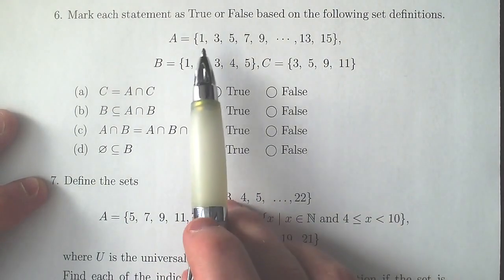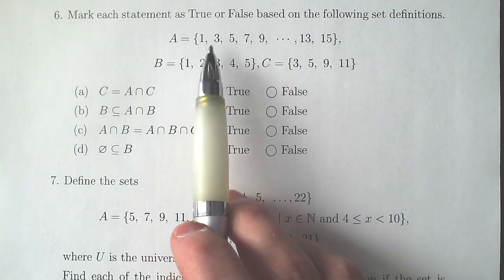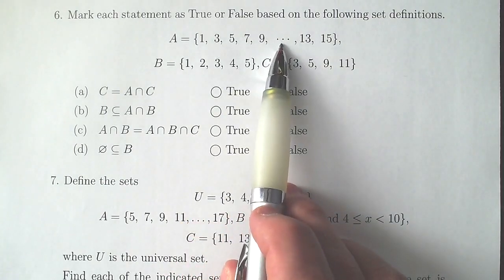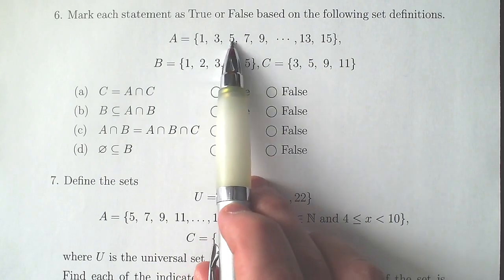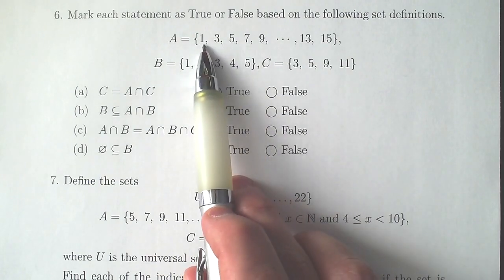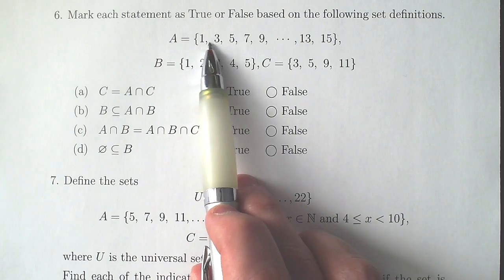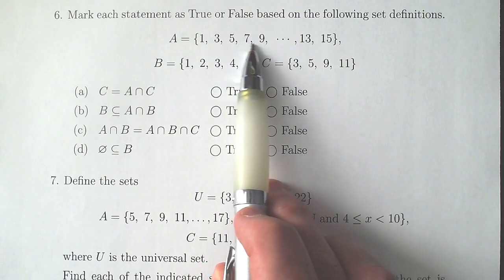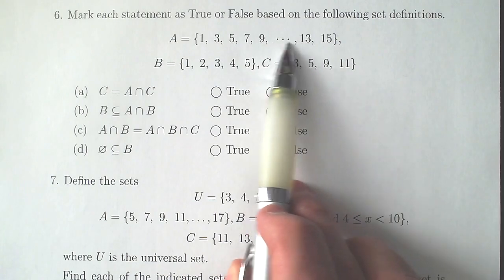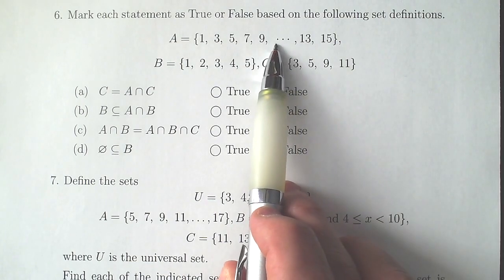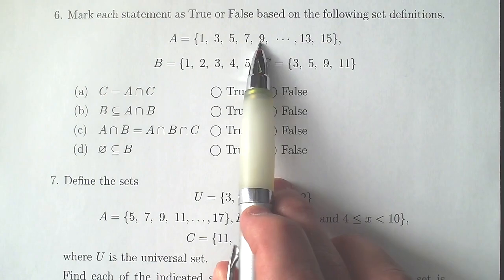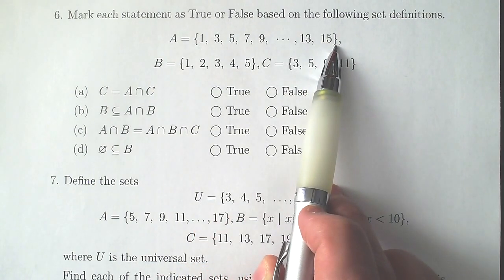The first thing I notice here is this set A is written with dots in it. So 1, 3, 5, 7, 9. This is odd numbers. Usually you put dots to indicate that there's more numbers in here. And yeah, there's all the odd numbers from 1 to 15.